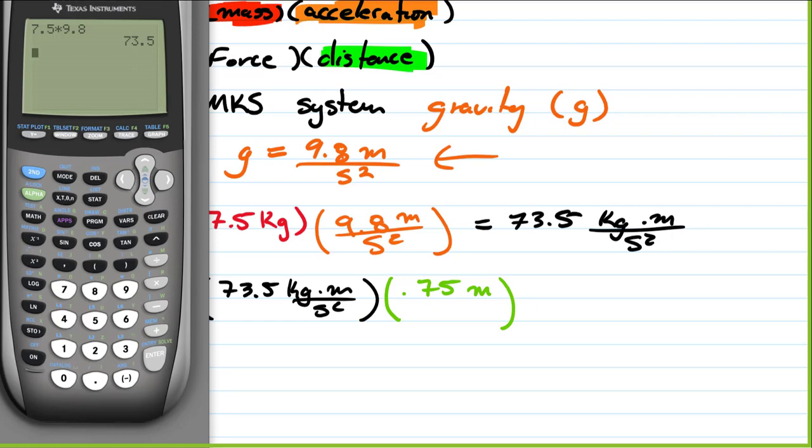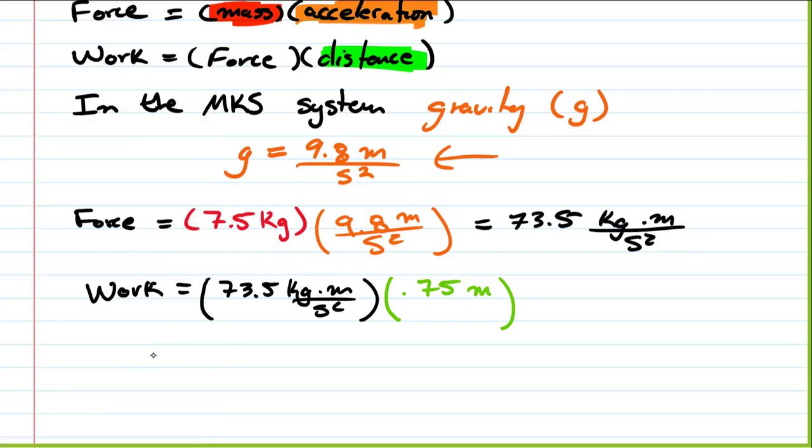So we take that and multiply by 0.75 and we get 55.125 kilograms, and then we have meters times meters, so that's meters squared, all over seconds squared.